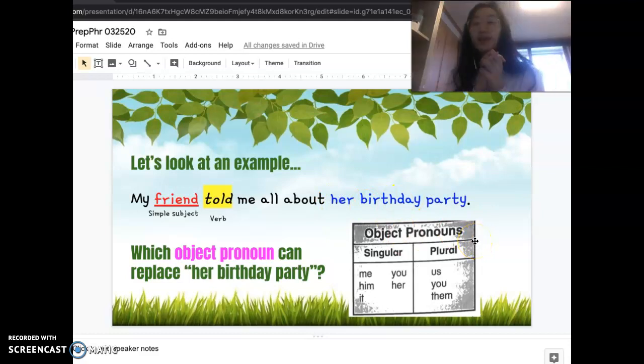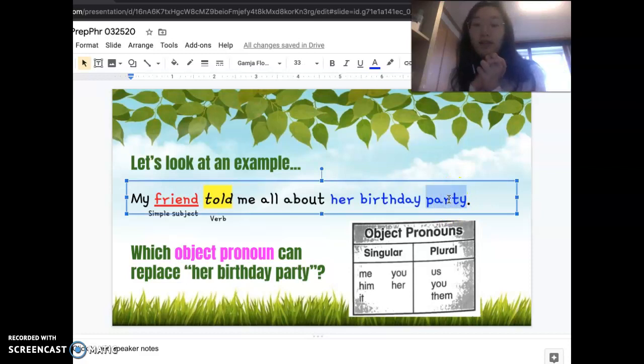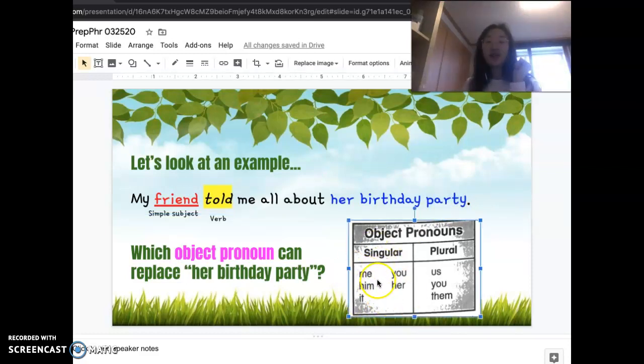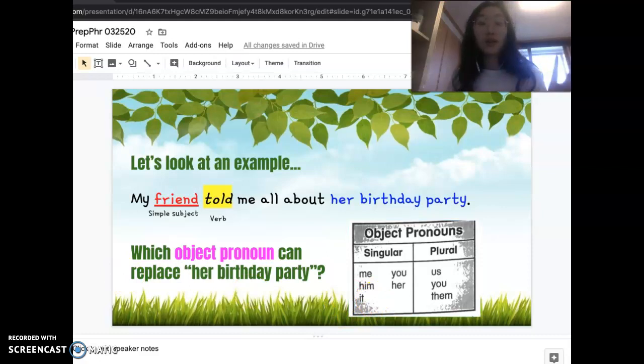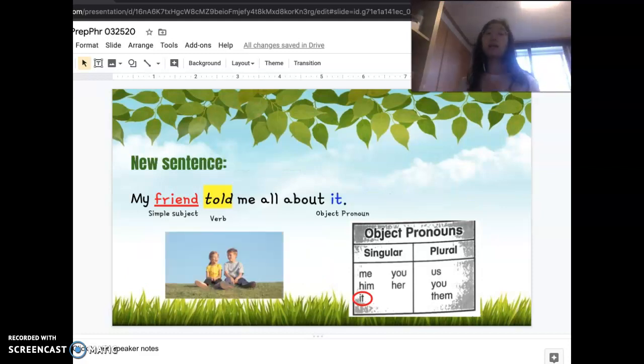Well, first of all, is it a singular or plural noun? Party is singular. It's just one party, okay? And we know that a party is not a person, so it's a thing. Therefore, the object pronoun to replace the birthday party is it. So our new, shorter sentence will become, my friend told me all about it. It being the birthday party. So that's what we're going to be practicing today.